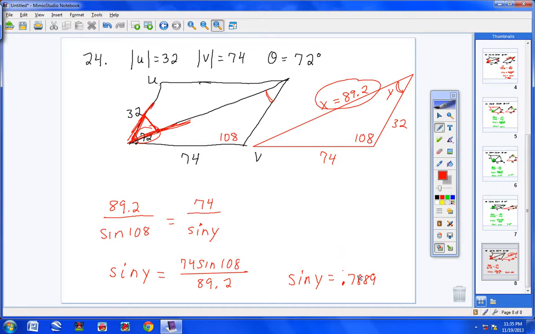Now I'm going to take inverse sine of that decimal, and I'm going to get 52 degrees.